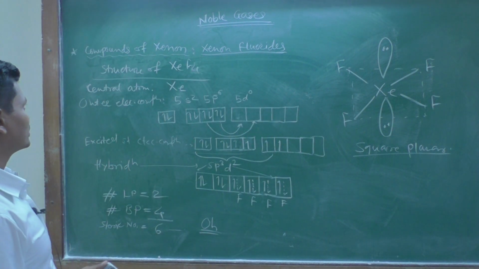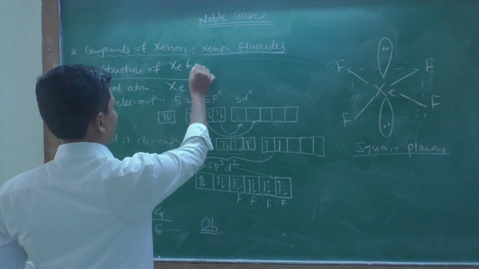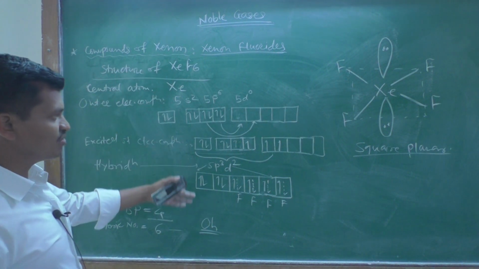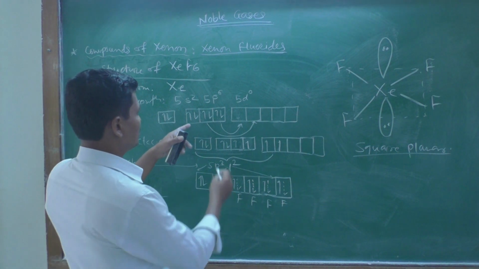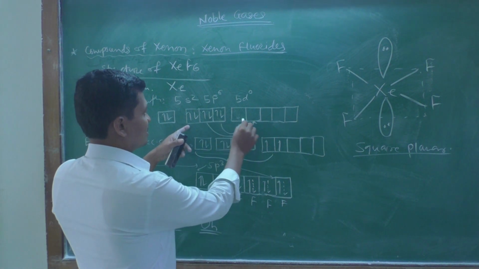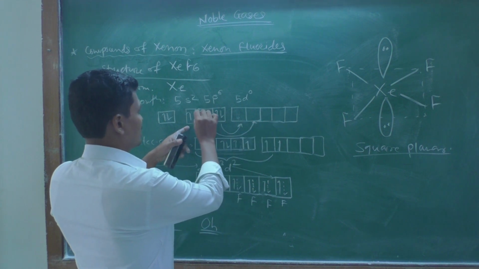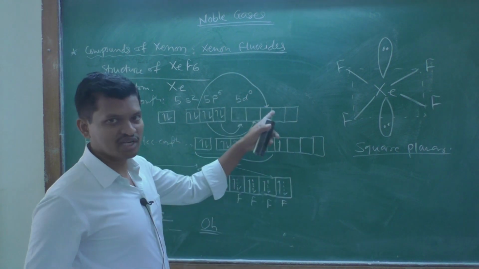Okay, now the last one is xenon hexafluoride, that is the XeF6 molecule. The remaining dictation will be the same; only this electron will migrate here, this electron will excite here, and one of the electrons from this pair is shifted to the 3rd d orbital.